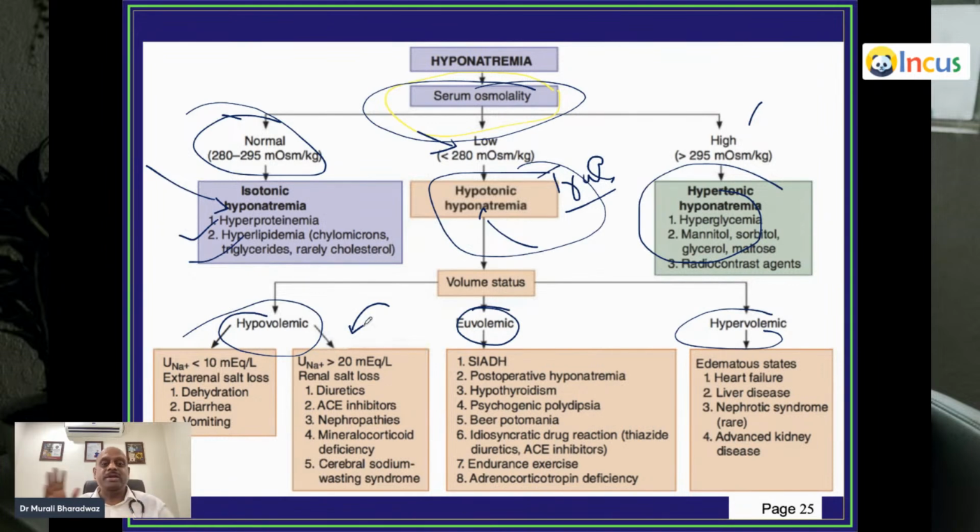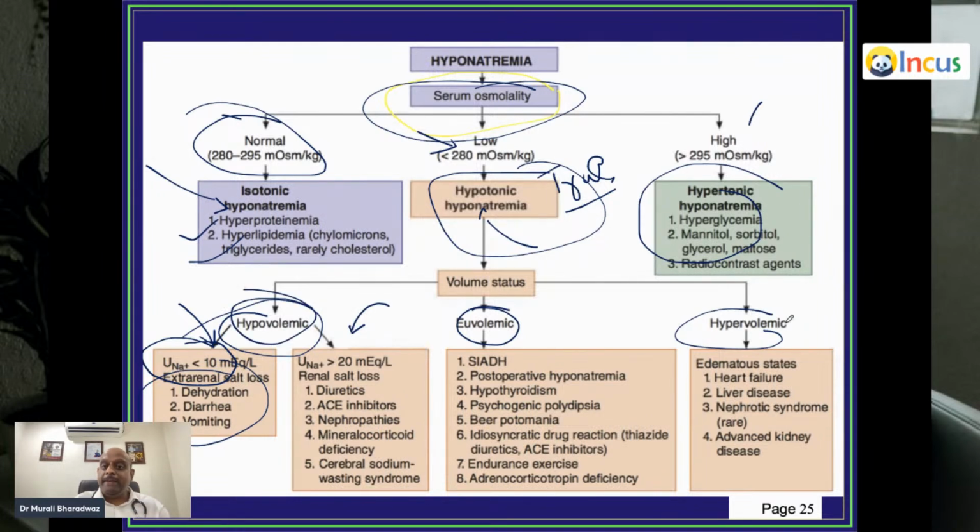Otherwise, if urinary sodium is less than 10, that means the kidney is not losing the sodium. Something else like diarrhea, vomiting, dehydration needs to be looked into. In either condition, whether the kidney is losing sodium or there are extrarenal causes like dehydration, diarrhea, vomiting, the patient is hypovolemic.